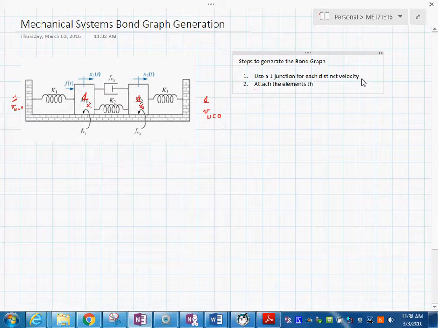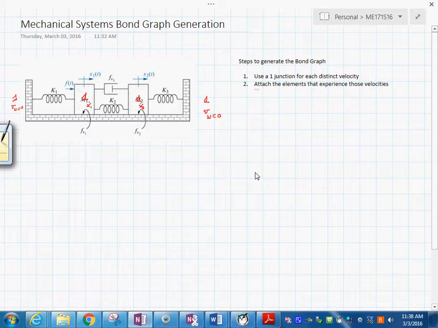This includes sources and other elements. Like in this case, I would attach a source of flow with the velocity of the wall equals to 0.